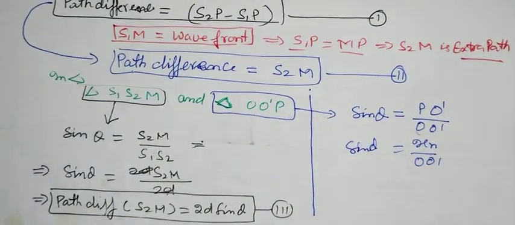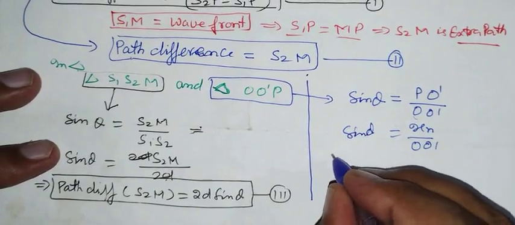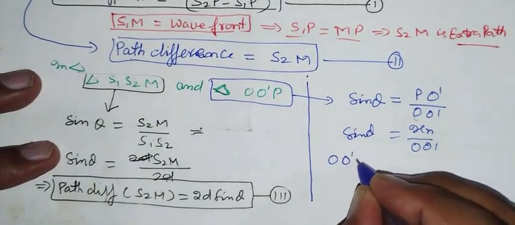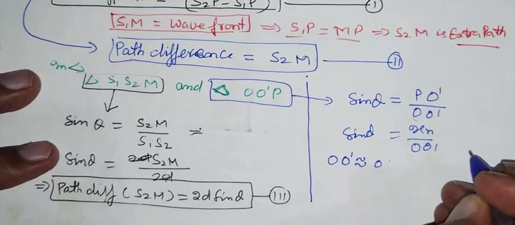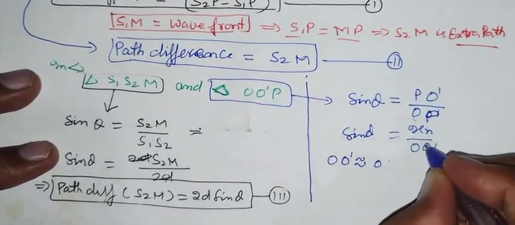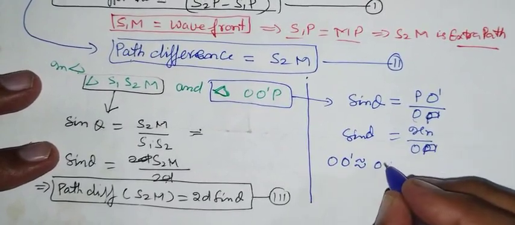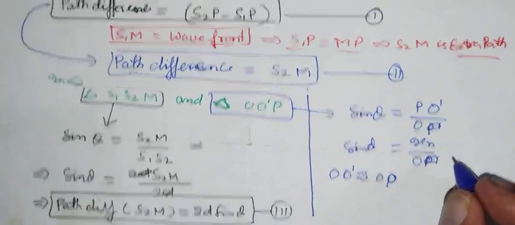We are going to take one approximation. What is this approximation? We are going to take O dash P nearly equal to OP, the hypotenuse.